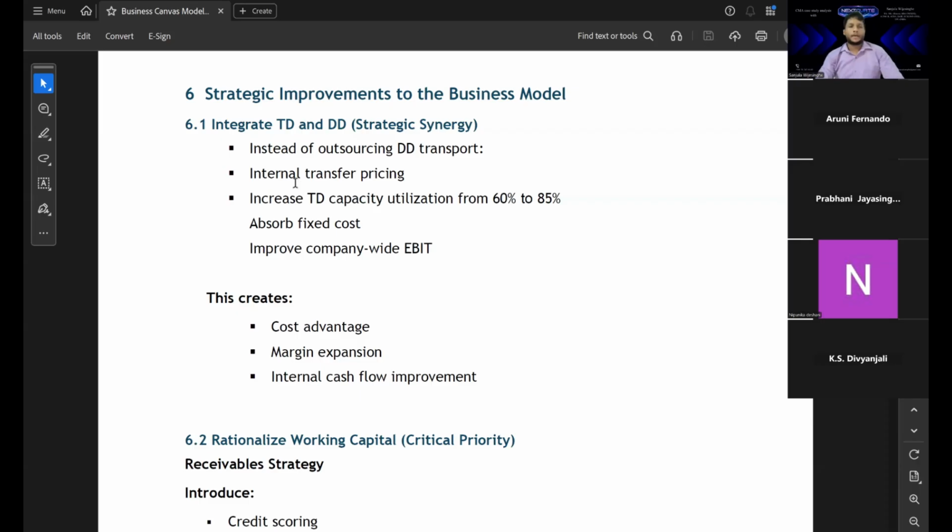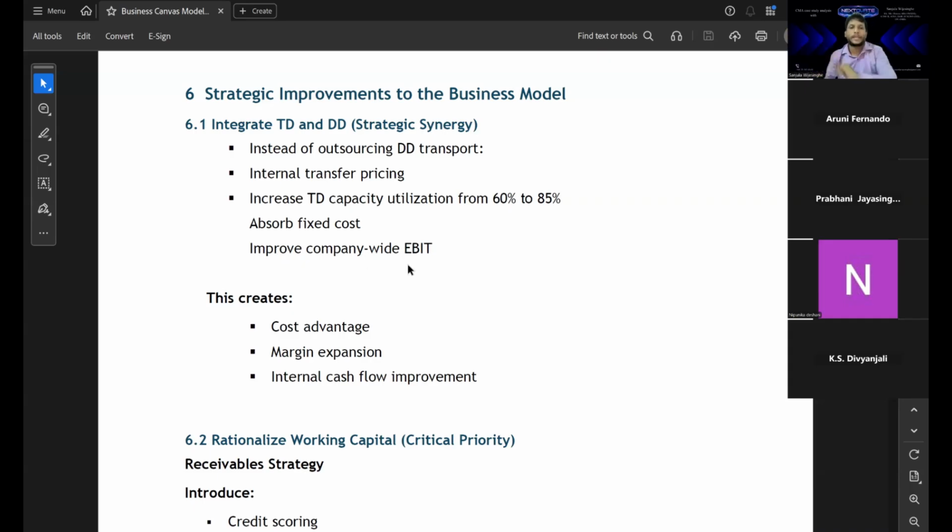You see, integrate the TD division and DD; we discussed them under strategic synergy. Instead of outsourcing DD transport, that is crystal clear, use internal transfer pricing and increase TD capacity utilization from 60 to 85 percent. That is possible because currently at 60, you can increase it up to 85 percent. Then absorb fixed cost and improve company-wide EBIT, remember, not divisional wise.